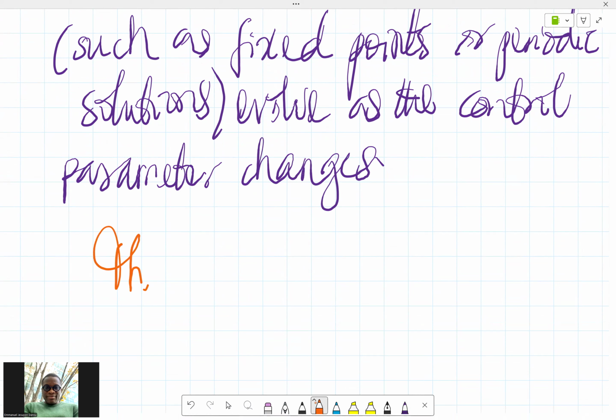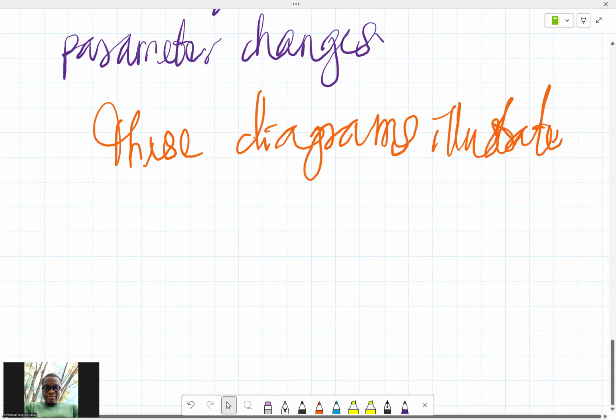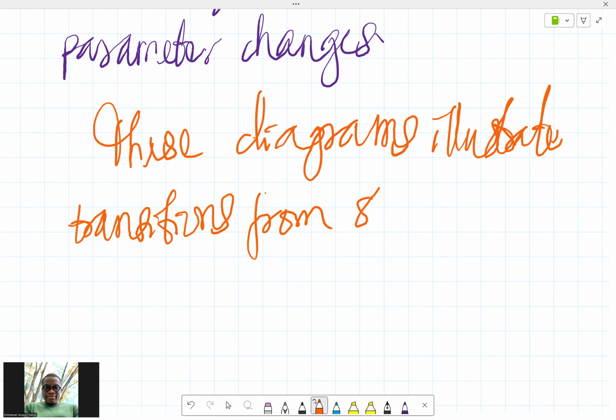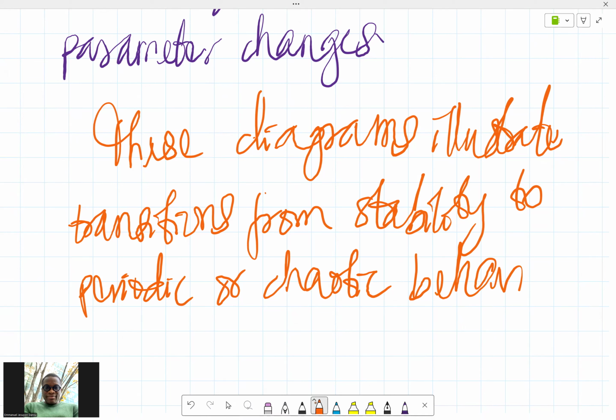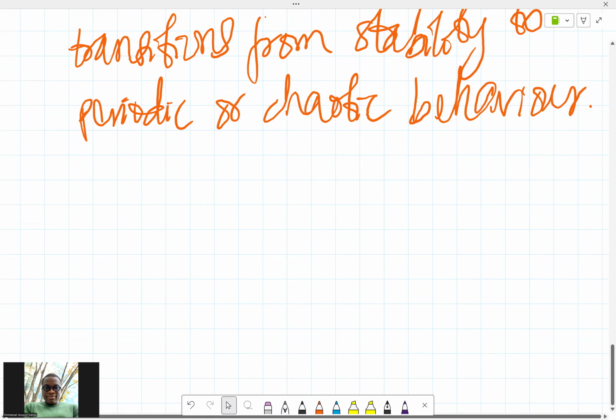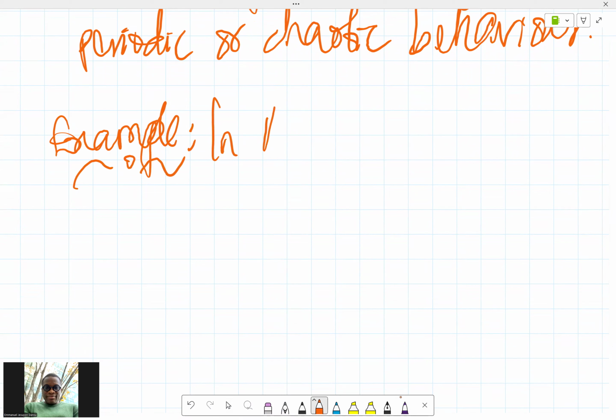Okay, these diagrams illustrate transitions from stability to periodic or chaotic behavior. An example of this is the logistic map.